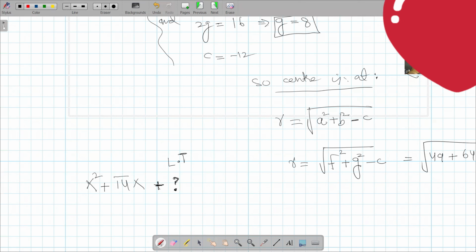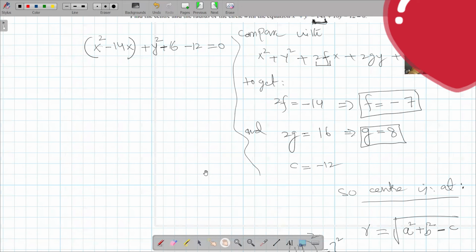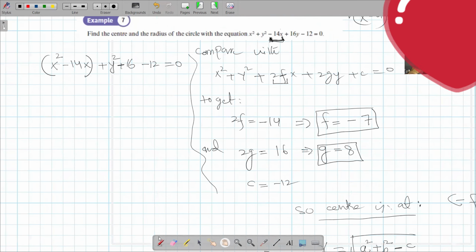You just take the coefficient of the middle term, divide by 2 and square it. That's it. So 7 squared is the last term. So we will add 7 squared here because this was missing.